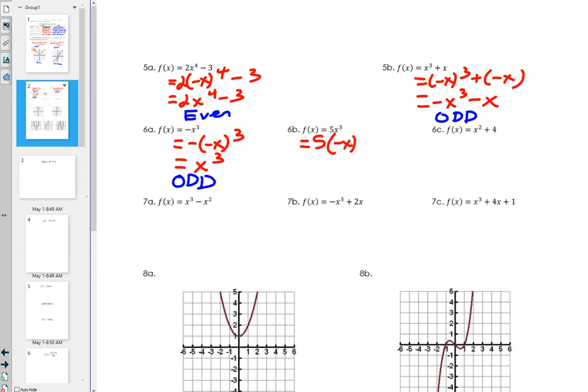Five times negative x to the third. Negative x to the third remains negative x to the third. When you take a negative to an odd power, it stays negative. And then negative times positive is negative, so we end up with negative 5x to the third. In order to be even, these two have to be the same. They're not the same. They're different signs.